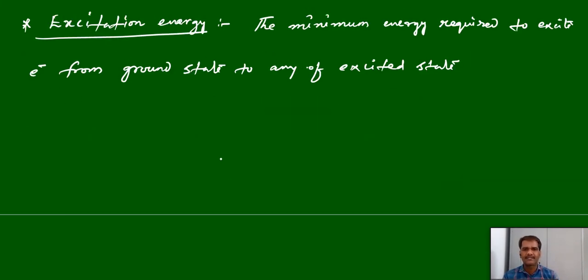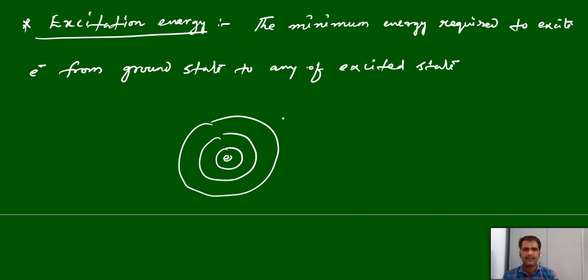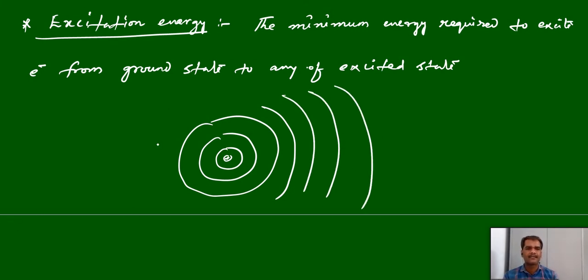Any of the excited states means, again let us take the nucleus, and around this we have the orbits. Let me take some various shells like this. Instead of writing complete circles, I am writing like this. This is the ground state, the first state, and except for this ground state, this is the first excited state.